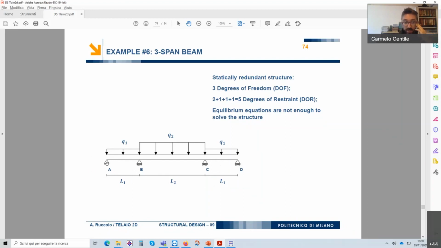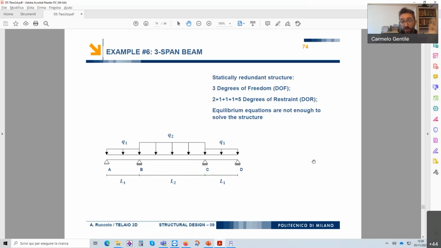So in a common case, you would have only one supported beam with a hinged section in node A and a vertical support in node D. The deformation associated will be this one with a very high deformation in the midspan. But if you put the internal supports, the deformation will be quite different and the maximum displacement will be much less.